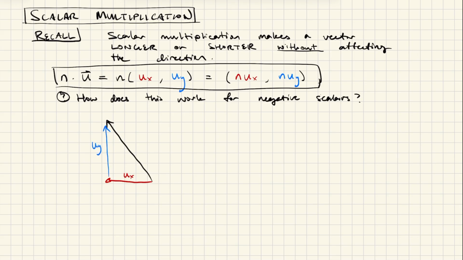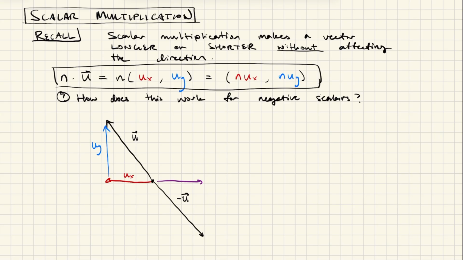Okay, now let's try to compute the vector negative u. If this is vector u, we know that negative u has the same length but is in the opposite direction as our original vector. Then I can take a look at the components here. Because vector u had an x component pointing to the left, the vector negative u now has a component that points to the right.